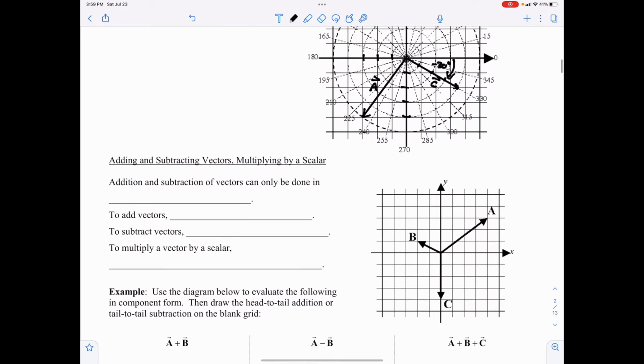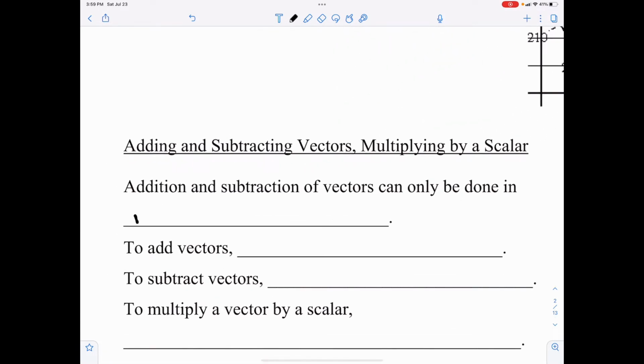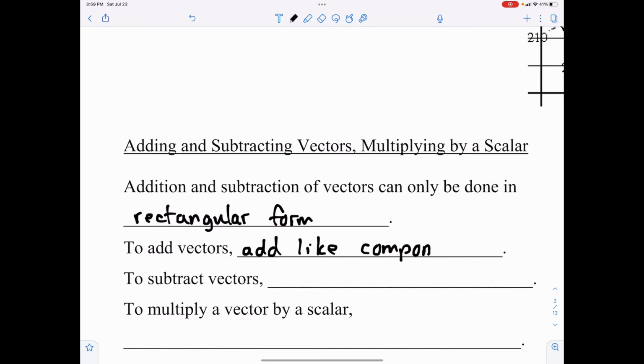Adding and subtracting vectors, multiplying by a scalar. Addition and subtraction of vectors can only be done in rectangular form. To add vectors, simply add the like components. In other words, you'll add the x components of both vectors and the y components of both vectors.